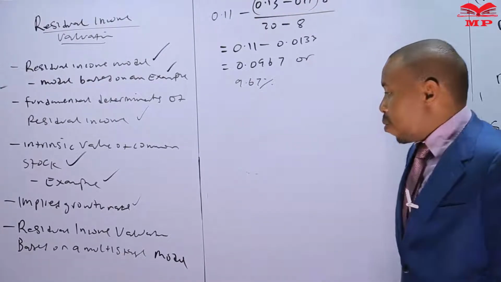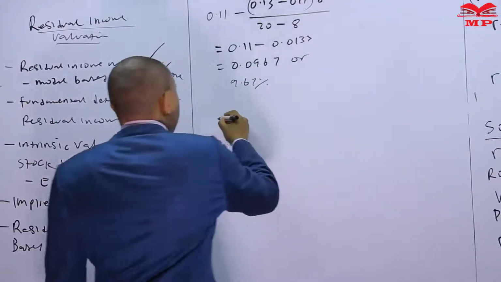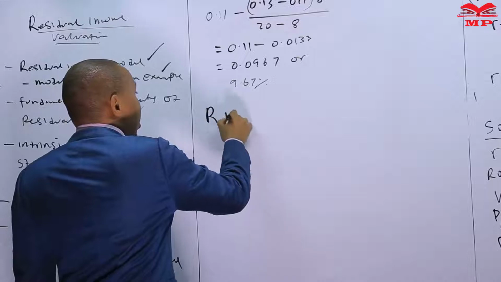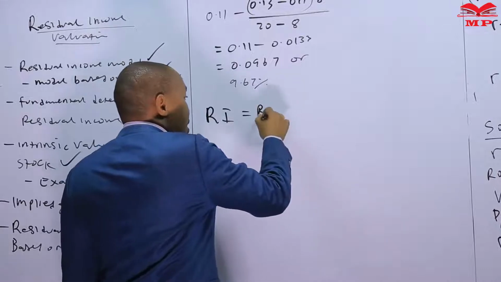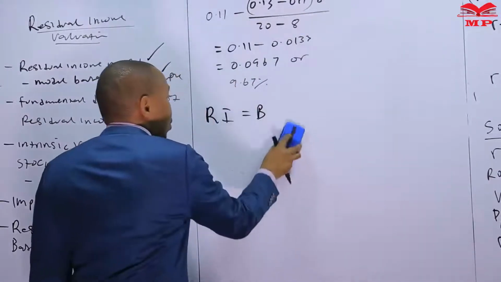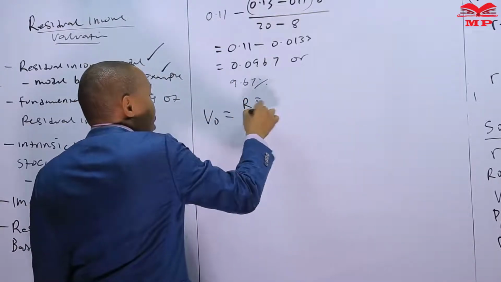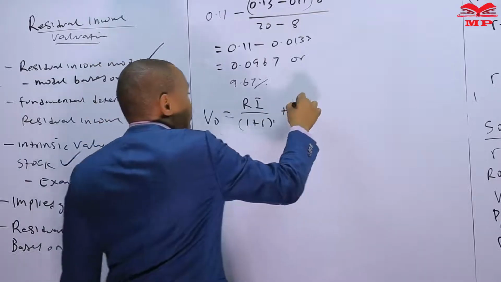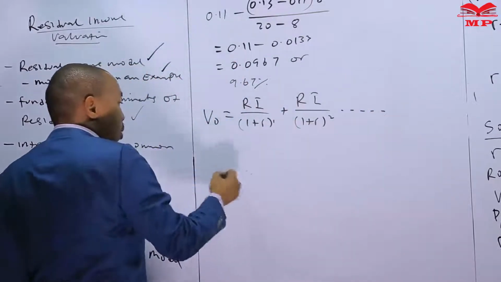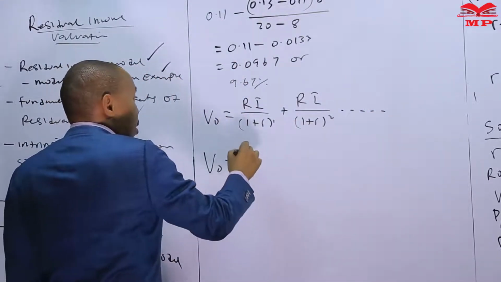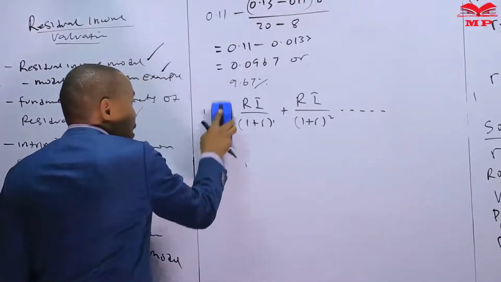If we look at what we've actually learned, we can say the value is given as Ri over 1 plus R, 1 plus Ri over 1 plus R squared, and so on and so forth, which has now been zeroed down into V naught. Here there should be B naught, the beginning book value. Apologies, we need to have the beginning book value right there.